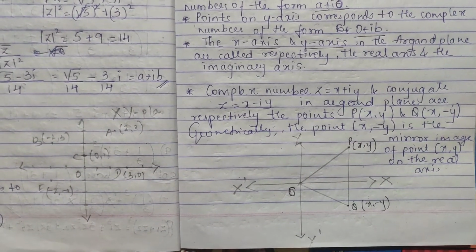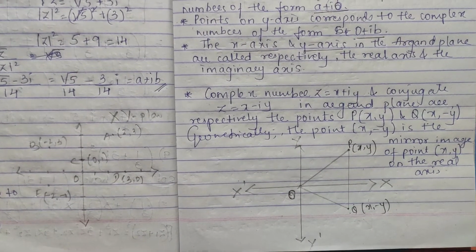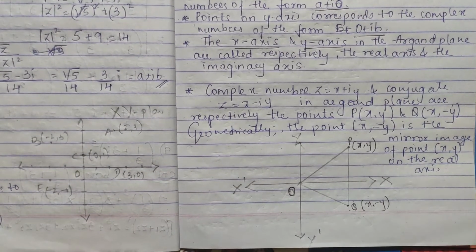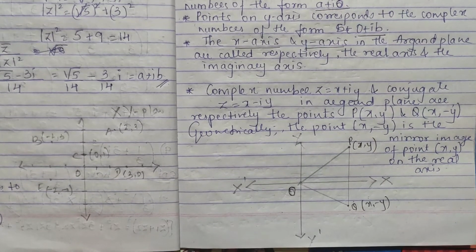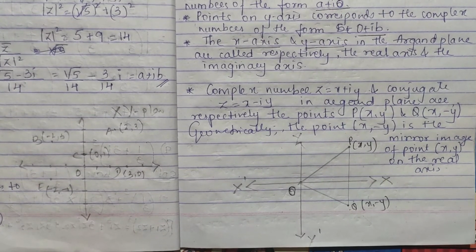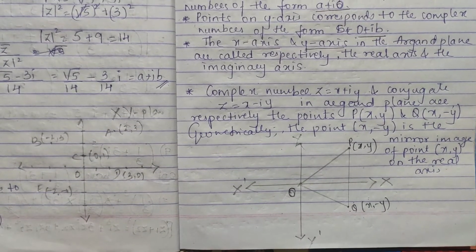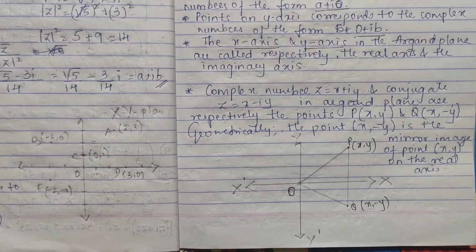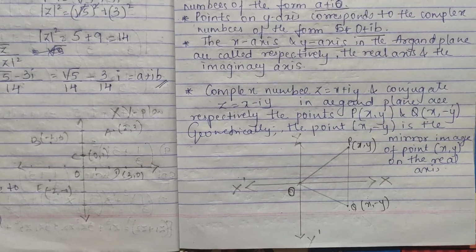One more is their polar representation, but that also, as I said at the start, they have said a few topics have been reduced. So, polar representation falls in that topic. Officially, yet again I am telling you, it has not been announced. Later on we will try to take up all the topics which they have said are reduced from your syllabus during this pandemic situation.